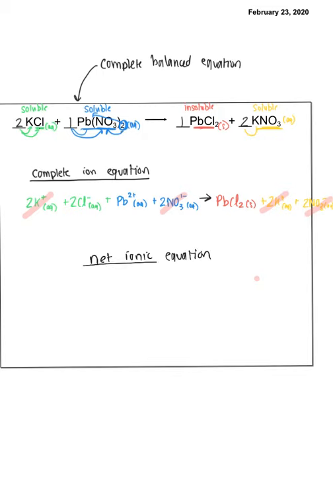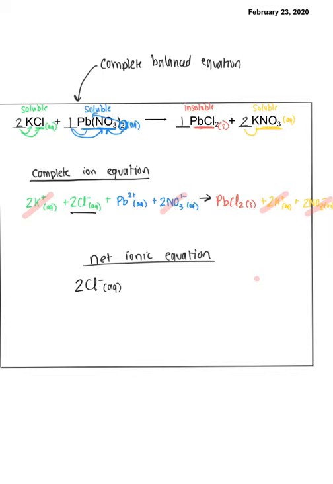So for our net ionic equation, those guys that I crossed off are called the spectator ions. They are present for the reaction, but they're not actually doing the heavy lifting. So for our net ionic equation, we write everything except what we crossed off.